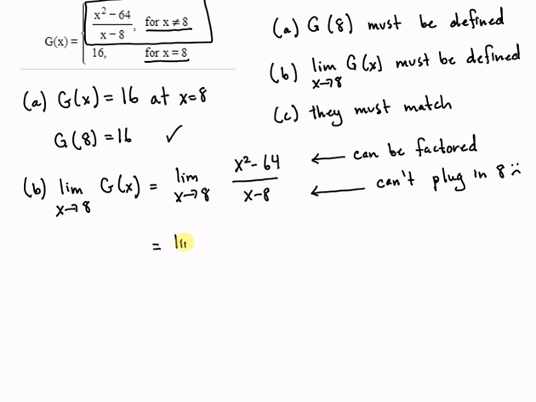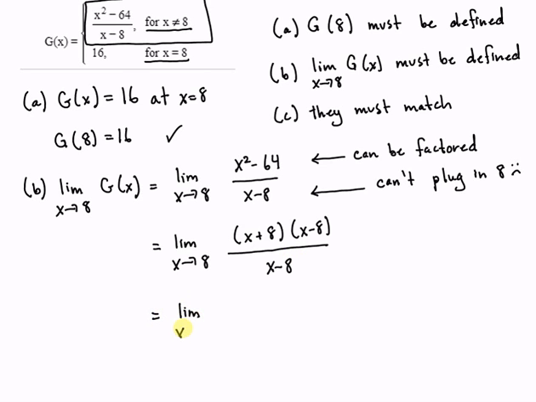So I know this limit is equal to the limit as x approaches 8 of x plus 8 times x minus 8 over x minus 8. Since I don't care what happens at 8, I can cancel the x minus 8 on the top and bottom.